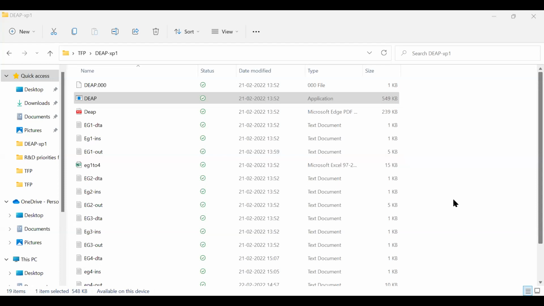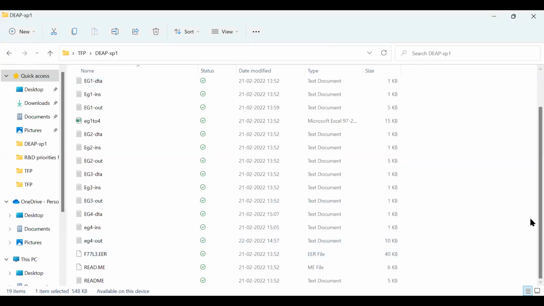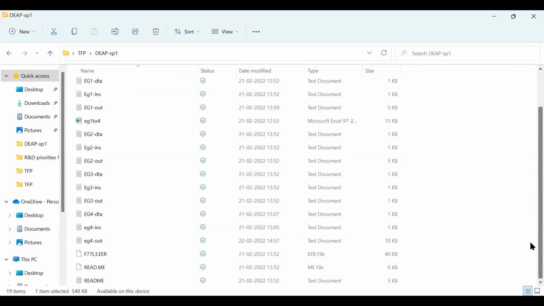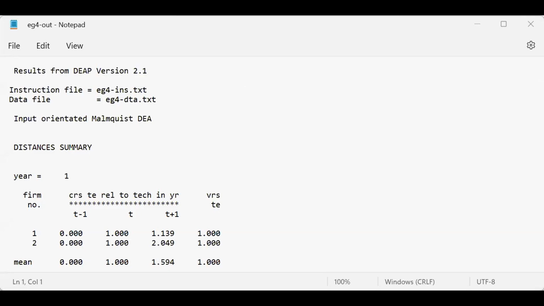Then enter. This is the output file which I get from there.